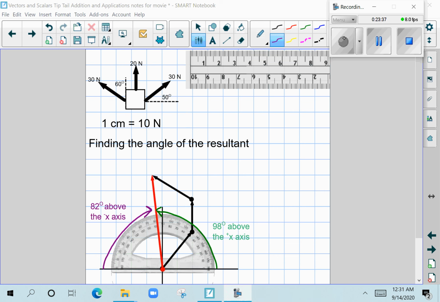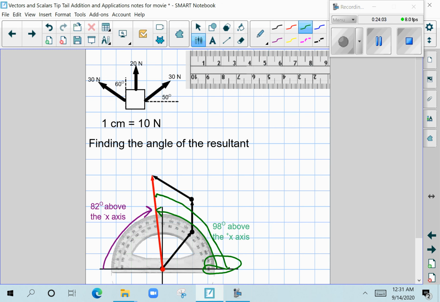And then by laying my protractor on the x-axis, I can now measure the angle. And I can either measure from the negative x-axis or the positive x-axis. Normally you get a choice. If not, use whatever axis they're telling you to use. And I can see that measuring from the positive x-axis, that's 98 degrees going all the way around.